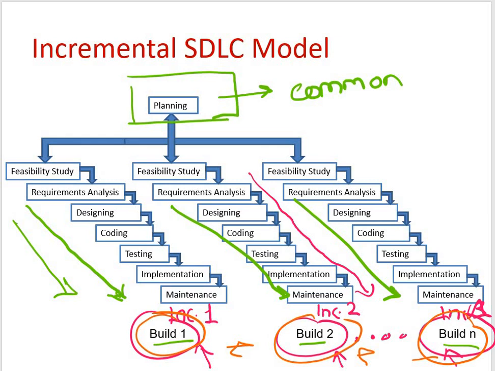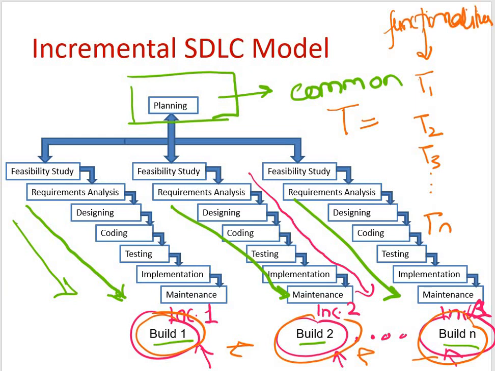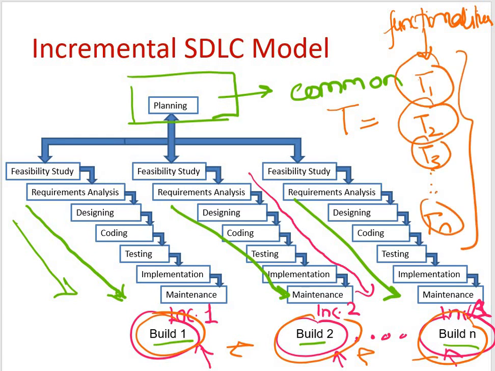So what we have done is a major task T has been divided into small tasks, T1, T2, T3 up to Tn. And these tasks comprise some of the functionalities of my application. So initially I come up with T1, then T2, then T3, and so on, and this is the final product.